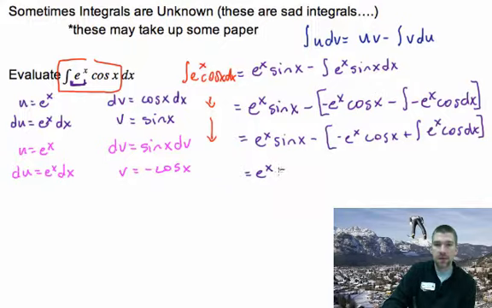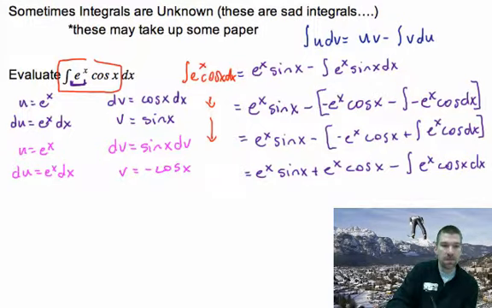E to the x sine x plus e to the x cosine x minus the integral of e to the x cosine x dx. Now, remember what this equals. This equals the integral of e to the x cosine x dx.